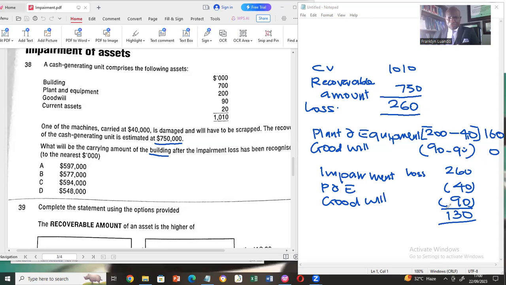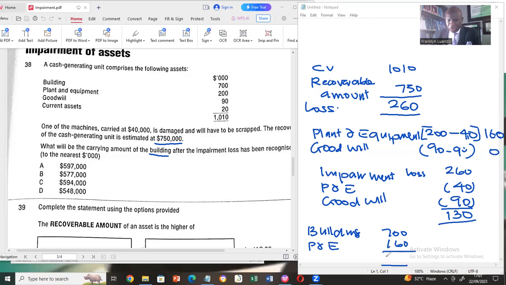So for plant and equipment, there's a balance, but the examiner hasn't indicated to us that the balance was the recoverable amount. So we must also allocate to it. So we have the building, 700. Plant and equipment, there was a balance of 160.